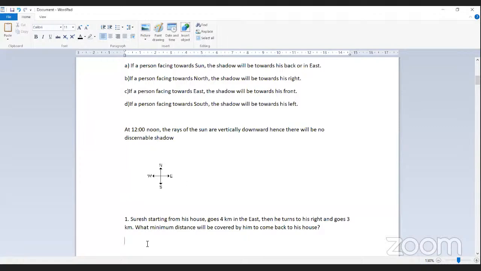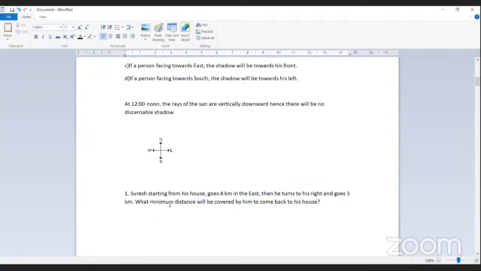So he's going towards east in a straight line, 4 kilometers, then goes to his right. His right means, again, you have to stand behind the person to see which direction he is going. Here, his right will be towards south. They're asking what is the minimum distance covered, meaning he doesn't have to trace all of it. He just has to cover the starting point and end point. It's 4 here, 3 here. It's a right angle triangle.